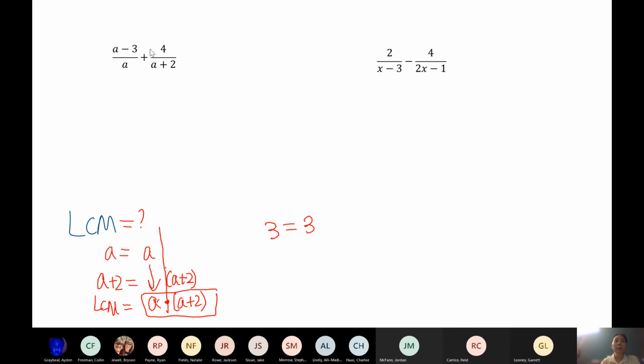Okay, so let's see. The first denominator A, how do I change it to our least common denominator, which is A times A plus 2? By looking at that, we can see we just have to multiply by another A plus 2. So we're going to multiply both top and bottom. Let me just rewrite it. It's a little difficult to see, probably.